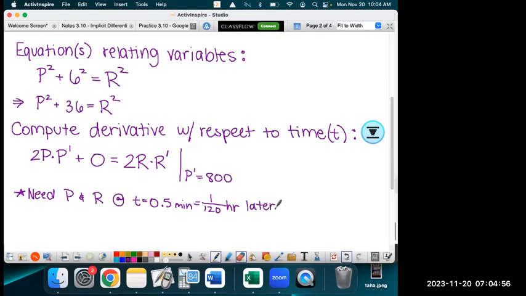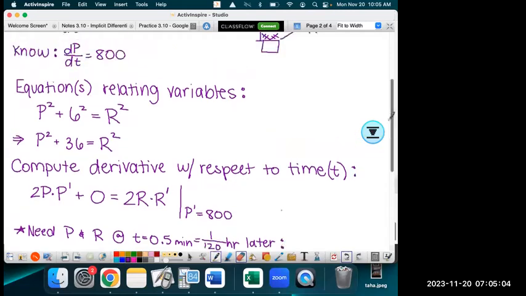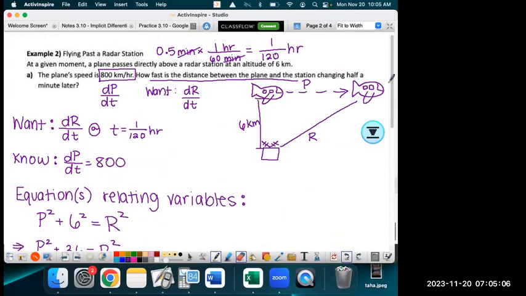So we can actually go ahead and figure that out. We know the rate that the plane is traveling. We know that it's traveling at 800 kilometers per hour. So if we treat this as position 0, we can use the rate that it's traveling to figure out where it is half a minute later, or 1/120th hours later.